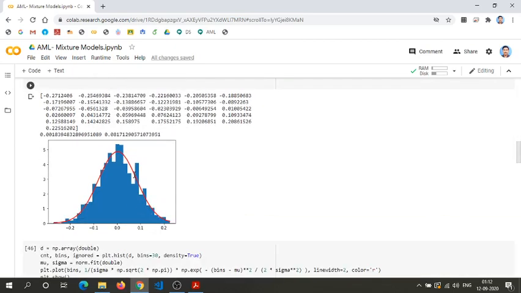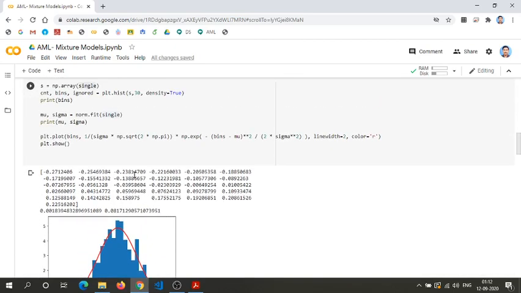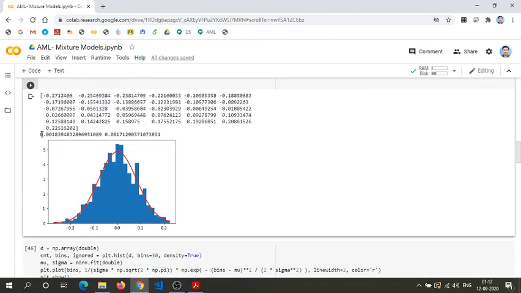Now you apply mu, sigma equal to norm.fit(single). You assume that this belongs to a Gaussian, and you just fit a Gaussian distribution and print mu and sigma. You will get it like this. This is your mu and this is your sigma.